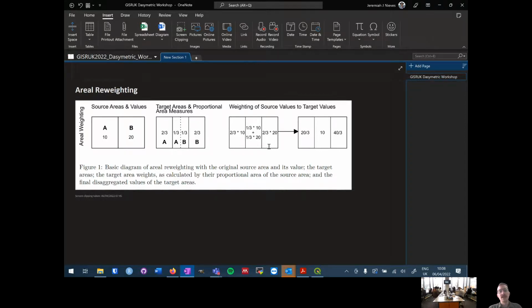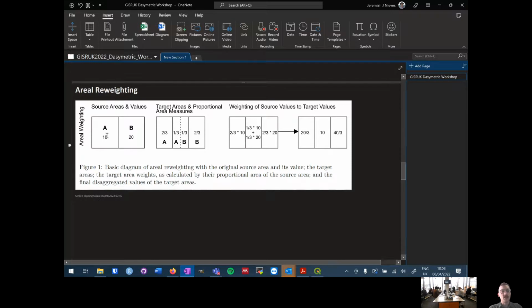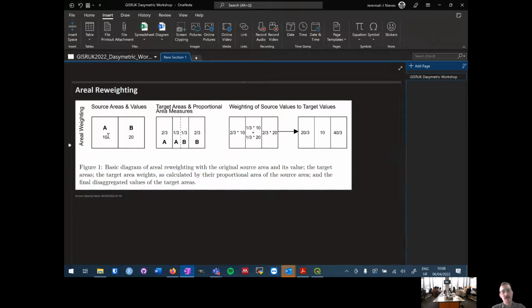In areal reweighting, it assumes that you are redistributing based upon the proportional area. So if I start with these two source areas on the left, A and B, that have 10 people in it and 20 people in it respectively, and I want to transfer it to 3 target areas, so we've got A, AB, and B, we can look at what proportion of the original source areas is in relation to the new target areas.